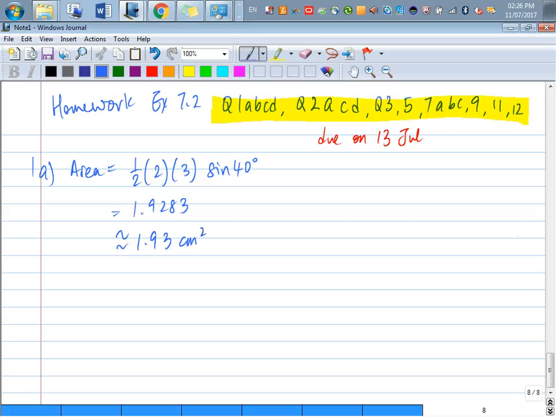Once you're done, look at your answers at the back, check that it's correct. Take your pen, put a tick. Why am I showing you the answer? Showing you the presentation. You can continue the rest yourself. It's very easy, right?